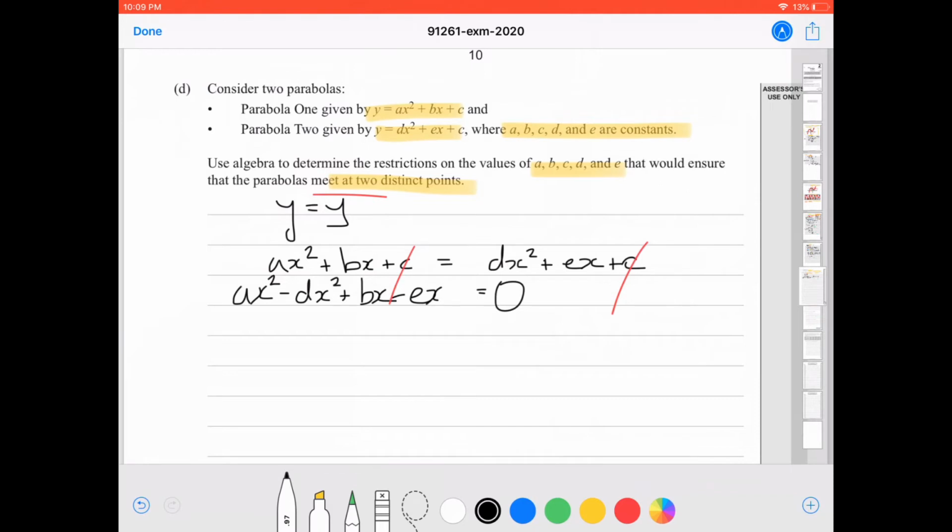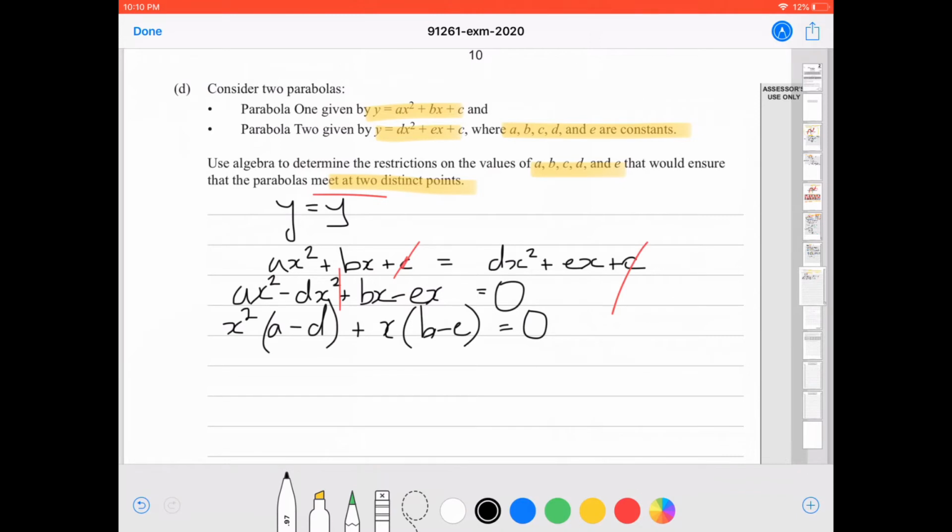We can take a common factor of x squared. Basically we can split our quadratic in two like that. It becomes a minus d inside the brackets. And we can also take a common factor of x, so it becomes b minus e. And it equals 0.